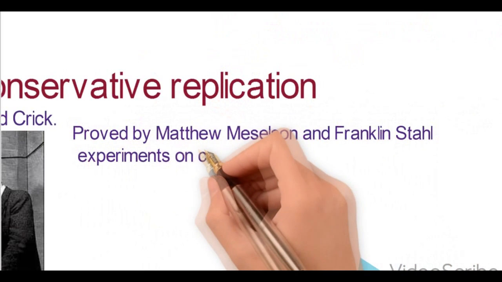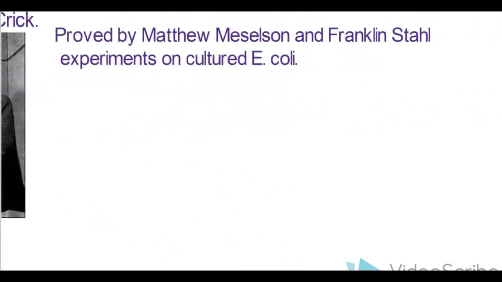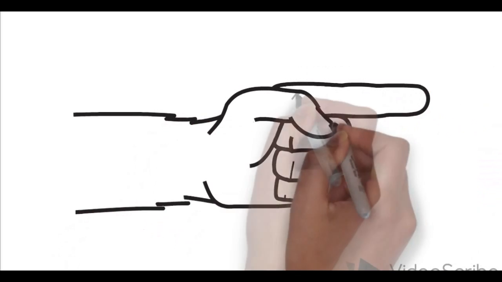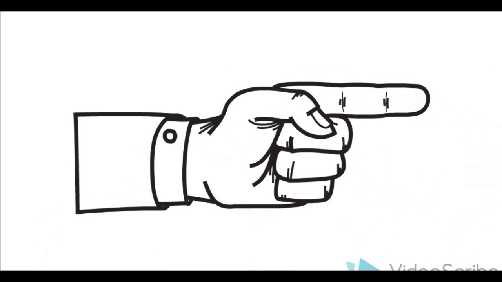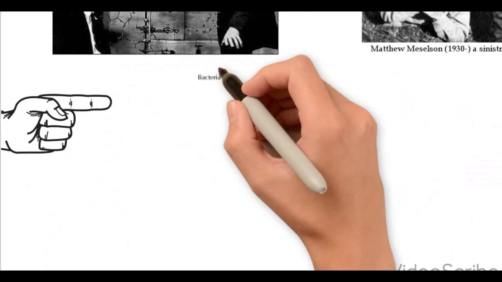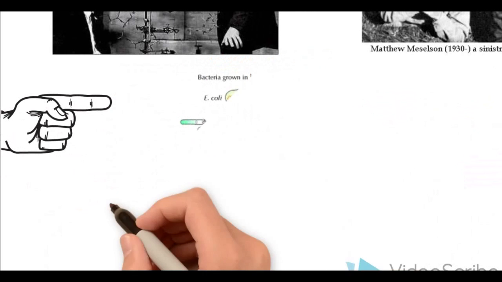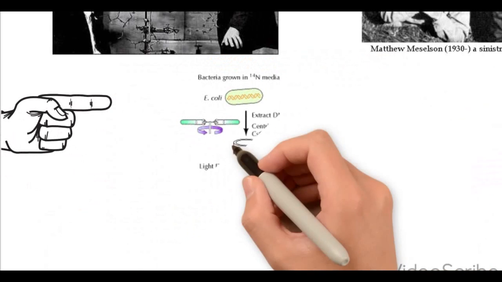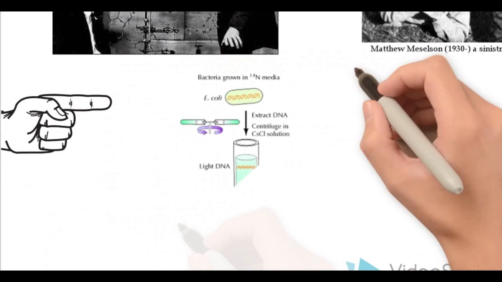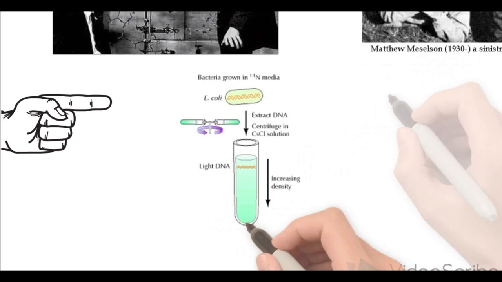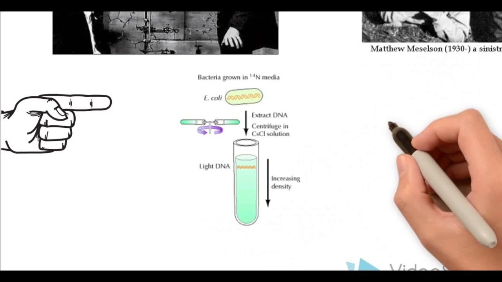1958. It's the experiment. E. coli has a single circular chromosome, and these cells were cultured and grown for many generations in a medium containing the heavy isotope of nitrogen, 15N, so all the DNA was labeled with 15N. The cells containing DNA labeled with 15N were transferred to a culture medium containing the normal isotope of nitrogen and allowed to grow.